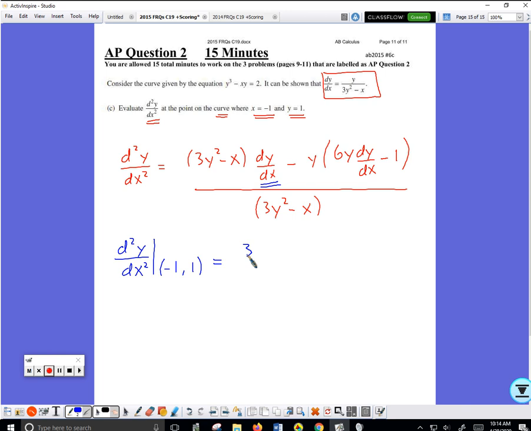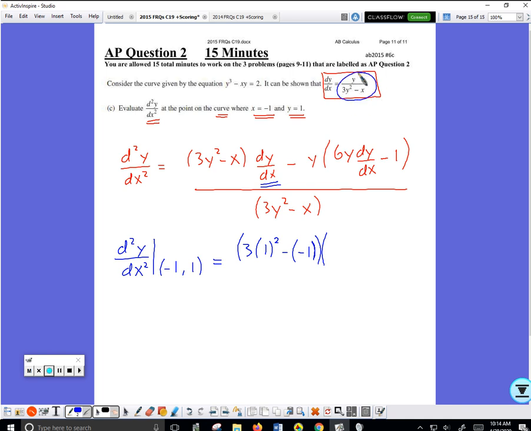So I have 3, plug in the y coordinate of 1, minus -1. Okay, all of that. Make sure you use all these little parentheses when you're replacing x and y. It will save you losing points. dy dx is this thing.